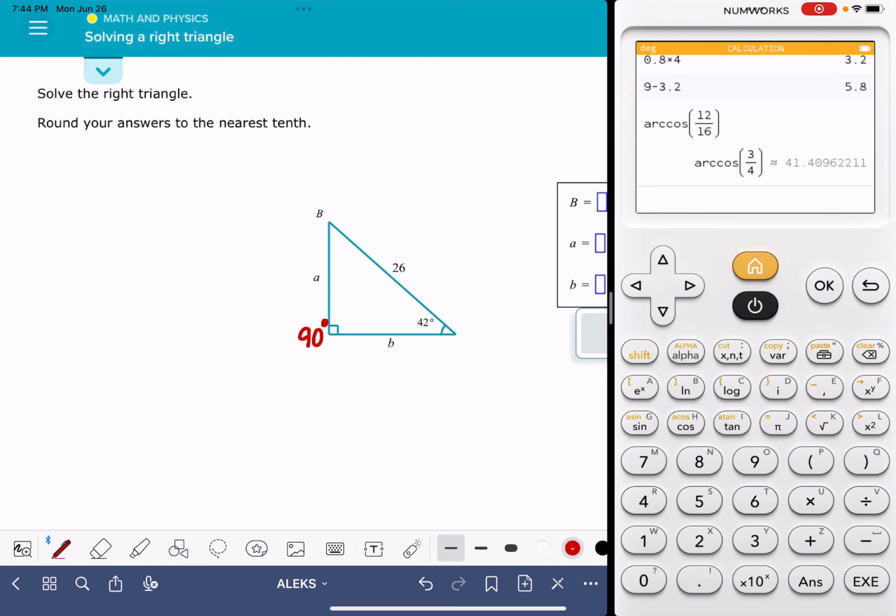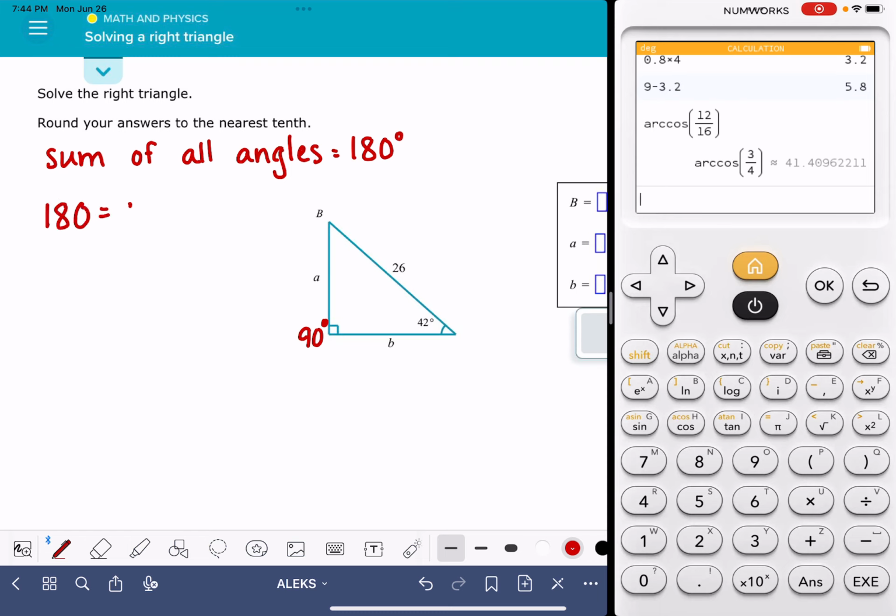So the first thing that I want to do is figure out this angle capital B. I think that's the easiest place to start. One of the relationships that we know for triangles is that the sum of all of the angles is going to add up to 180 degrees. So we can use that to figure out the angle B because we know two of the three angles.